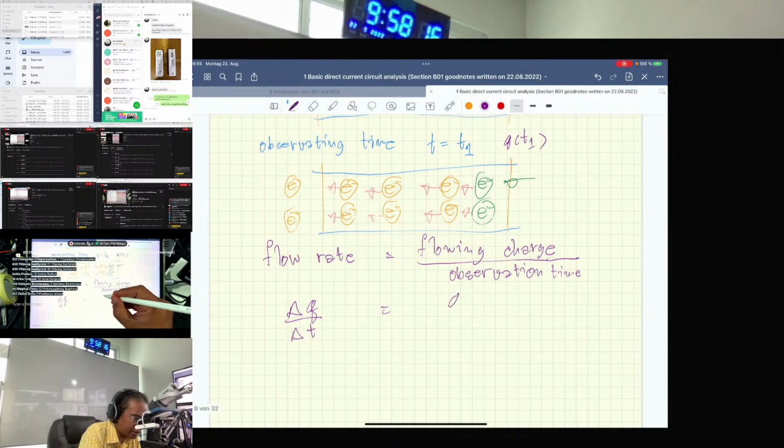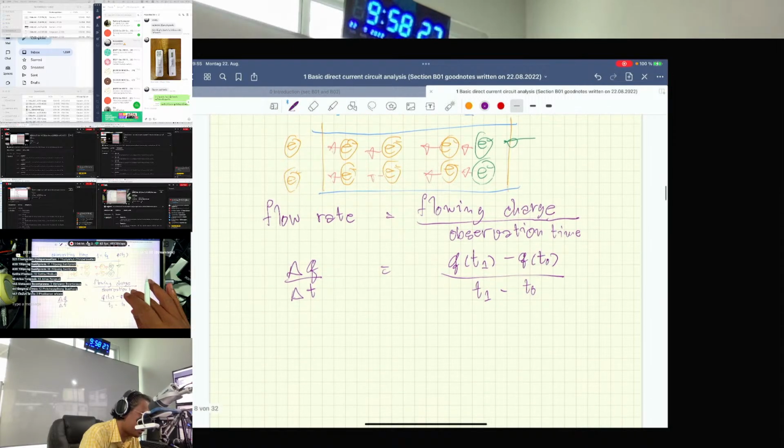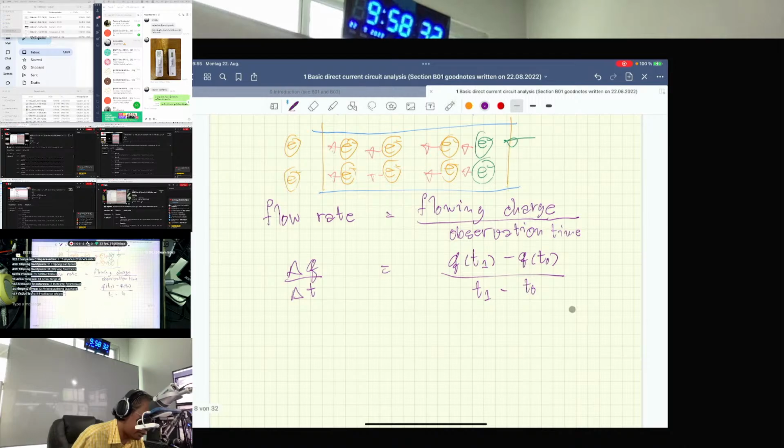It's going to be Q(t1) minus Q(t0) divided by t1 minus t0. Okay, and let's say this is delta T, right?